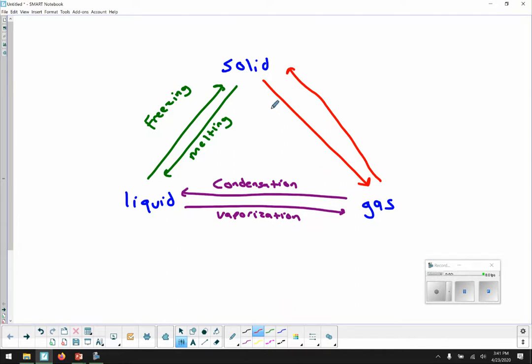So solid to gas is called sublimation, and gas back to solid is called deposition. So there are, in fact, 6 state changes. You can go from any state to any other state, given the right conditions of temperature and pressure.